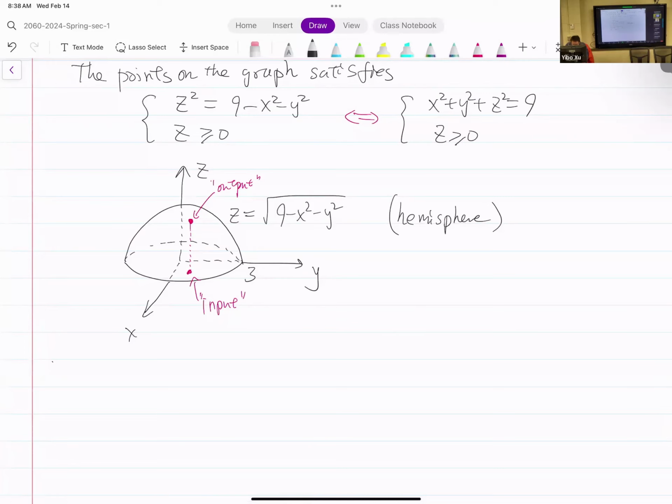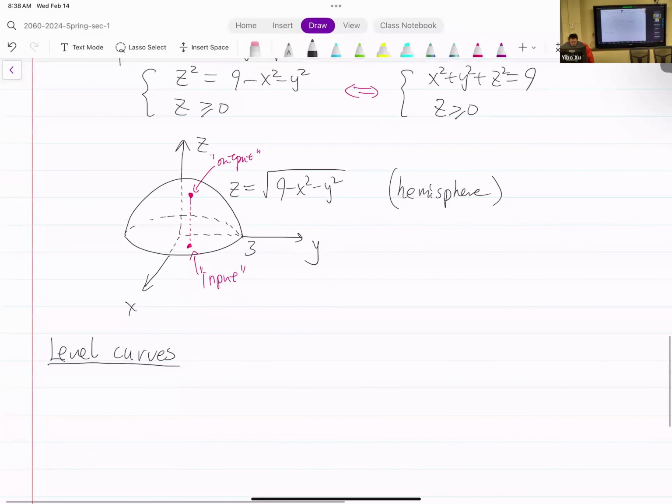Now, level curves. So it's kind of complicated in the sense that if we have a bivariate function, the graph will give you 3 dimensions, right? So what happens if you just want to keep everything in 2D? So that's the motivation of the level curves.